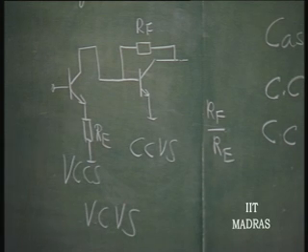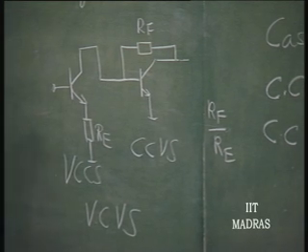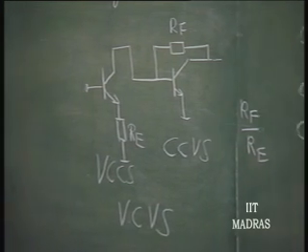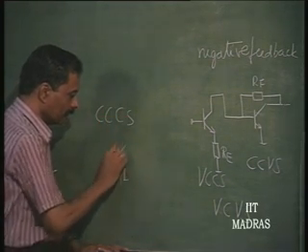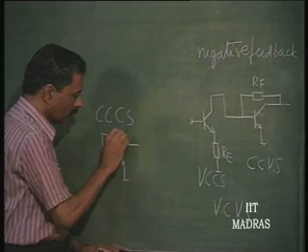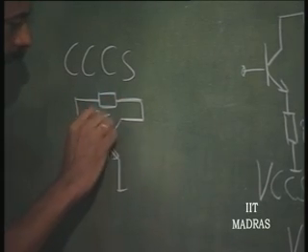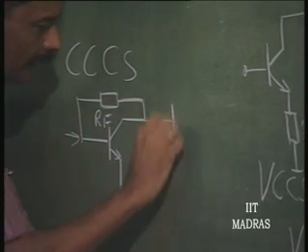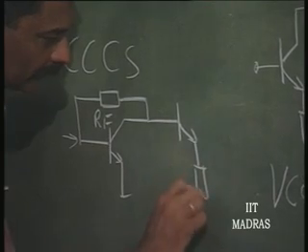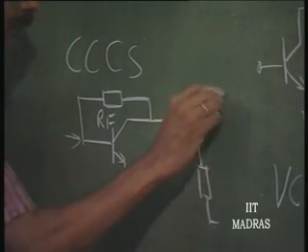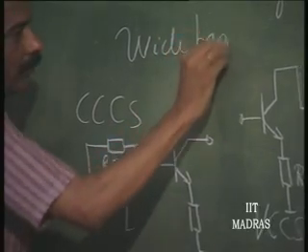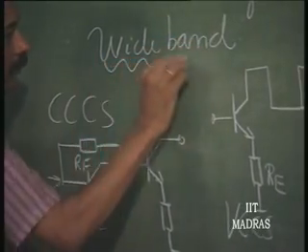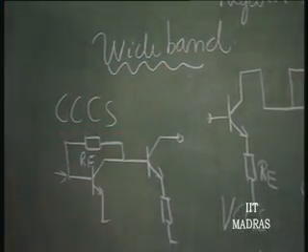Please refer back in your notes of wideband amplifiers. This is a wideband amplifier, voltage controlled voltage source. If you want a wideband amplifier current controlled current source, then you put this first, and then this next. This is a wideband current controlled current source.